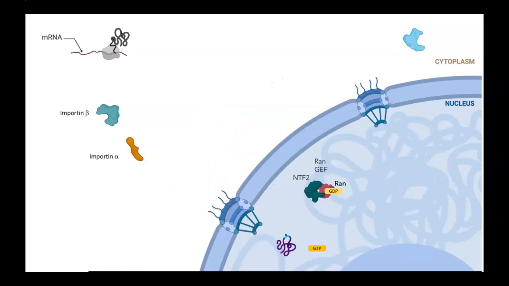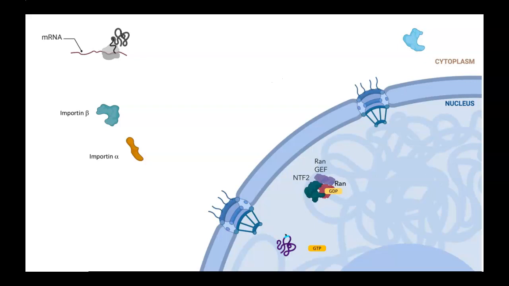Once the RAN molecule has been returned to the nucleus, we need to reset it by having it be released from the nuclear transport factor and also by having it replace the GDP with a GTP. This is accomplished with the help of a protein called RAN-GEF, shown here in purple, a molecule that's normally bound to the chromatin in the DNA. GEF stands for guanine exchange factor. So this molecule can bind RAN, and when it does this, it can do a couple of things.